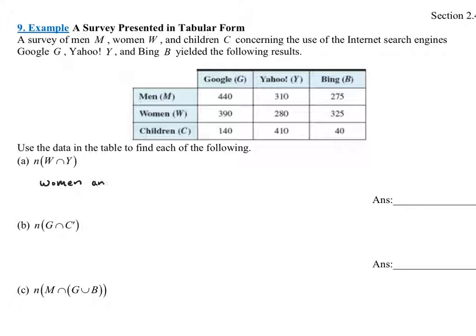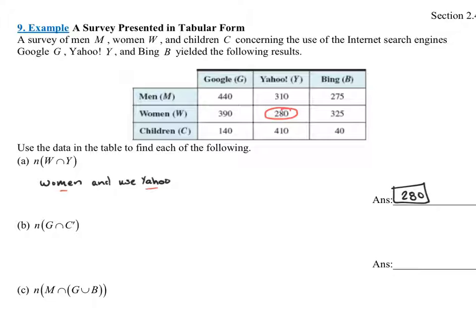Intersection is the word and, and then Y stands for use Yahoo. So what they're asking for here is really how many women use Yahoo? Well, here's Yahoo. In women users, I'm seeing a total of 280, which I circled in red for you.